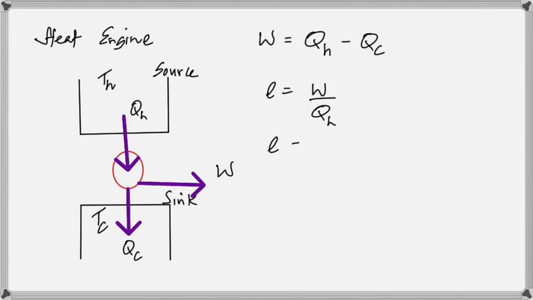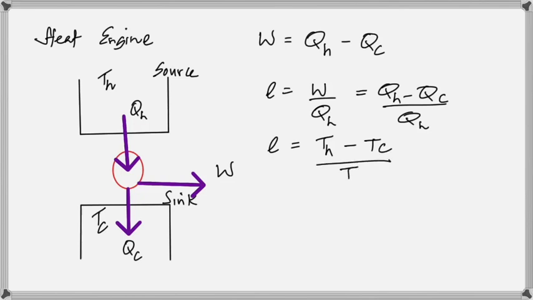Number one, it's work done over QH, which also can be written as QH minus QC by QH, because work is QH minus QC. In terms of temperatures, efficiency is TH minus TC over TH. So we have basically three formulae. Here one, second one, and the third one.